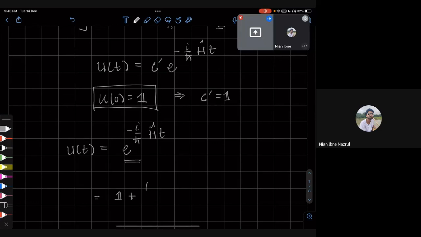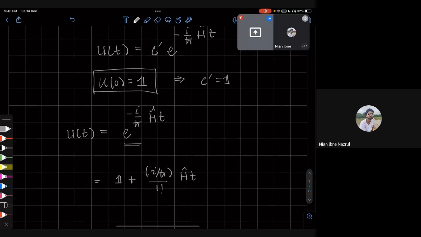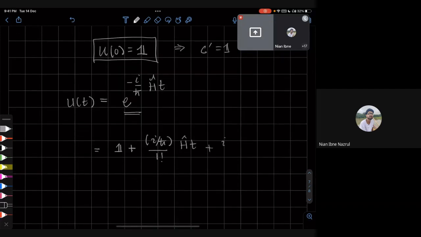The second term is minus i by h bar by factorial 1 H t, plus i by h bar t squared by factorial of 2 H squared, plus dot dot dot. Okay? Okay, any questions?